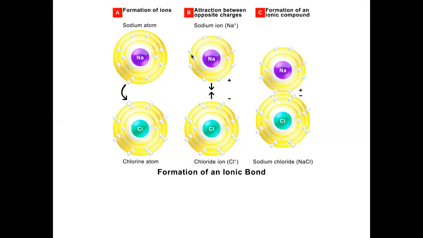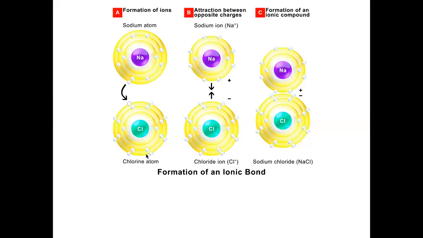When it gives that electron to chlorine, you'll see here that this independent electron is gone. And so this sodium no longer has an electron in that last energy shell. So here where we have 1, 2, 3, now we just have 2 energy shells, but that energy shell is now full. Sodium is happy and it has that positive charge on it.